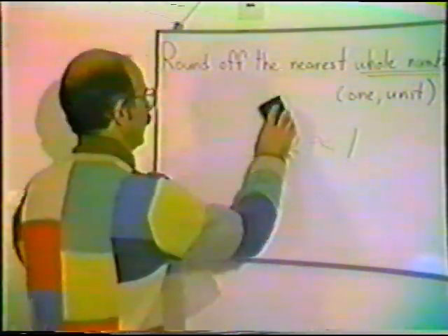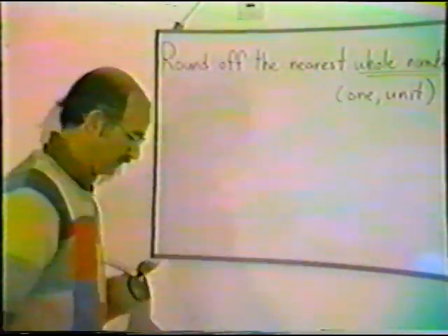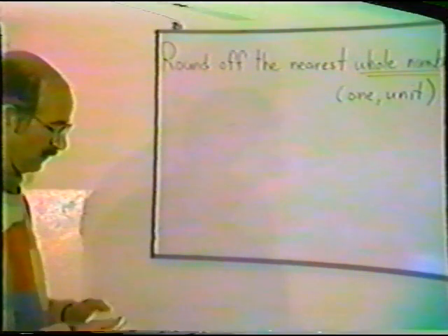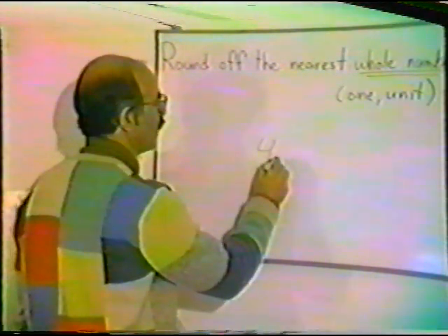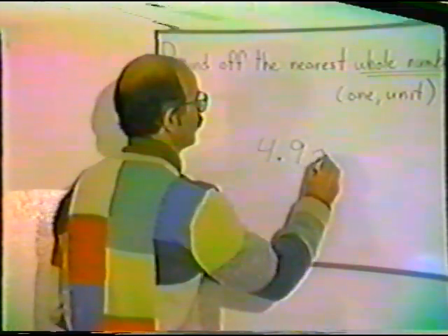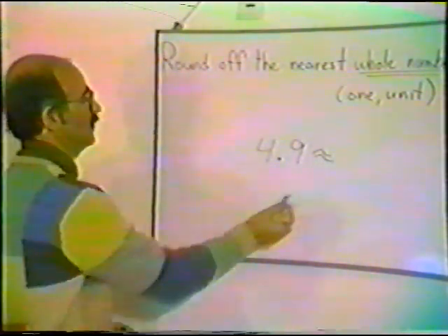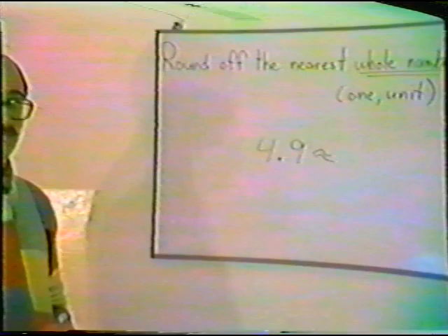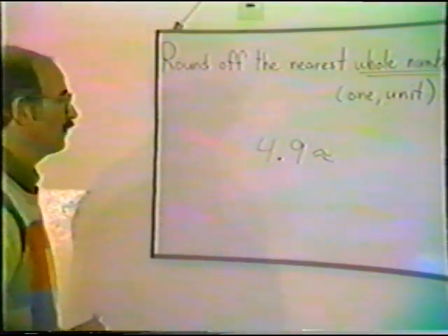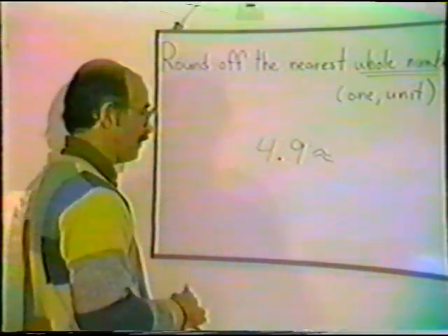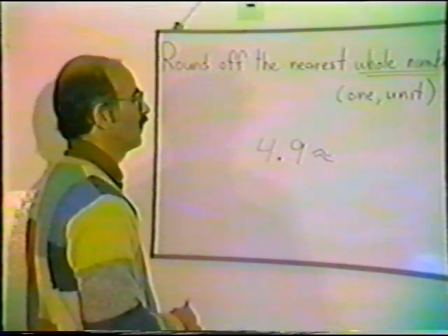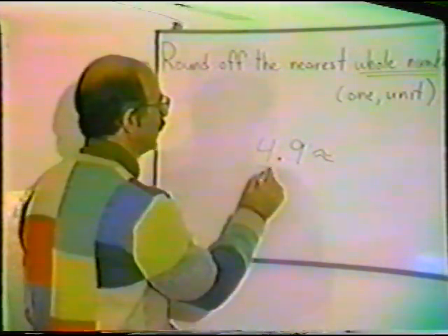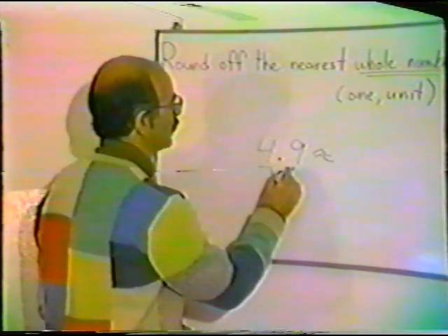Let's do another one. 4.9. Read me that number. 4 and 9/10. Which of these numbers is in the ones place? 4. So we underline it and point to the 9.